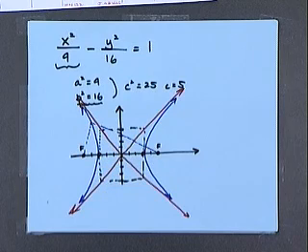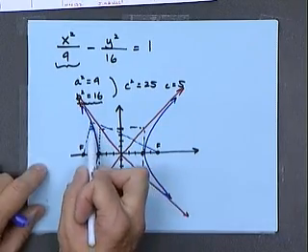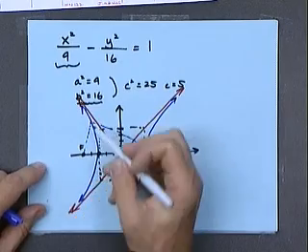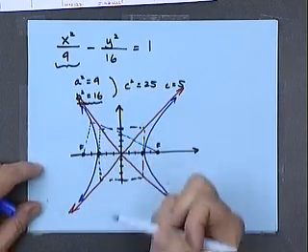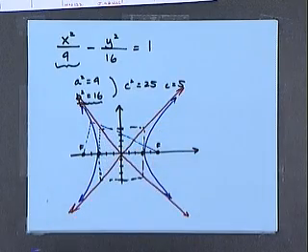And in fact, in this problem, what is the difference of those two distances? It would be twice A, and A is 3, so twice A would be 6. This larger distance minus this smaller distance is 6 for this particular hyperbola.